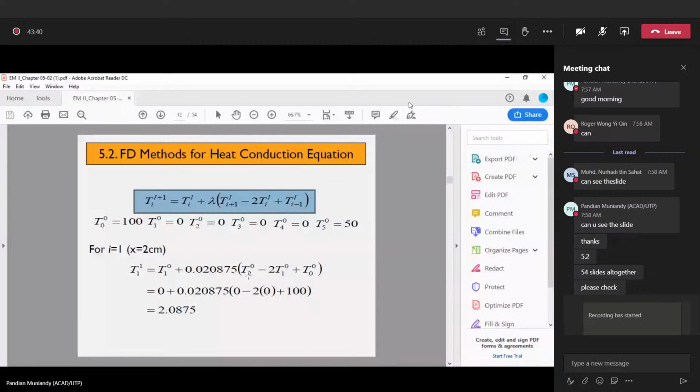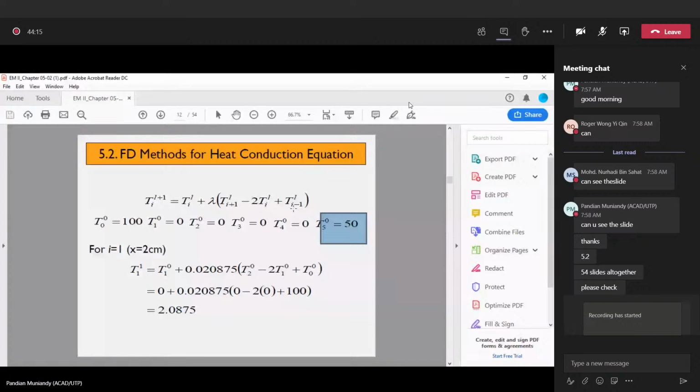At I4, X is 8 cm. I5 is this one, given already, so you do not need to do I5. You stop at I4 only. Then minus 2 T superscript 0 subscript 1 plus T superscript 0 subscript 0. So the I cannot be 0, it must be 1. That's why I1, X is 2 cm.